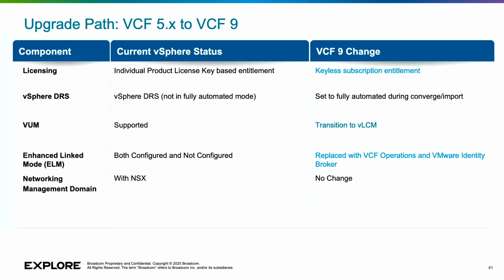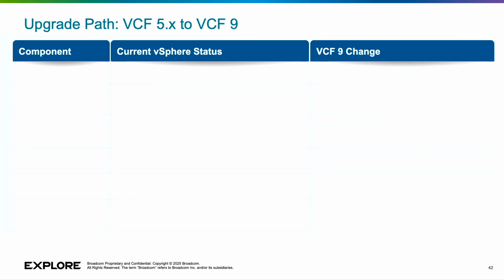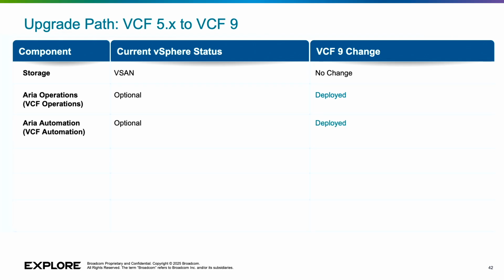For networking with the management domain, no change and no impact. The same for networking in the workload domain. In terms of storage, no impact, no change there whatsoever. If you do not have ARIA operations, then it gets deployed when you move to VCF 9. The same with ARIA automation as well.